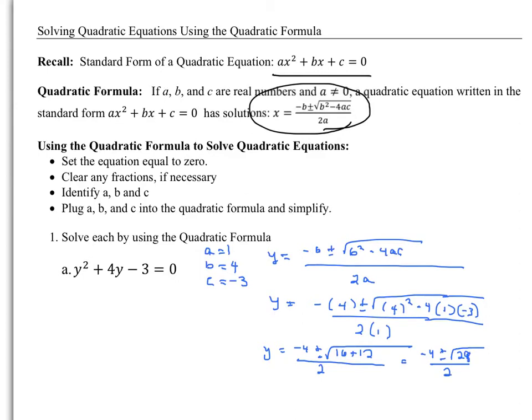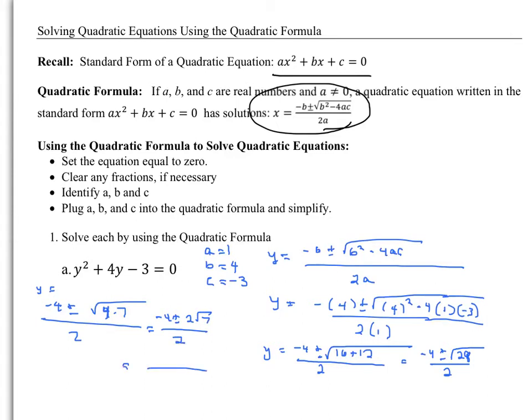Now let's simplify that. Negative 4 plus or minus the square root of 28 is really 4 times 7 underneath the radical. And don't forget that this is equal to y, okay? So it's negative 4 plus or minus 2 square root of 7 over 2.